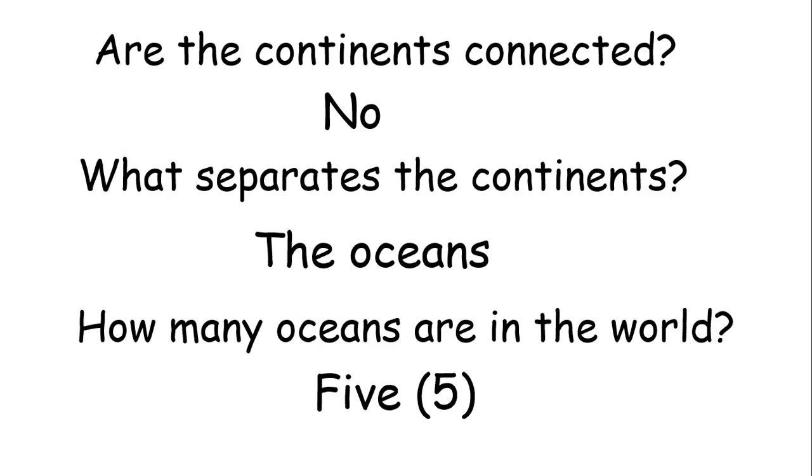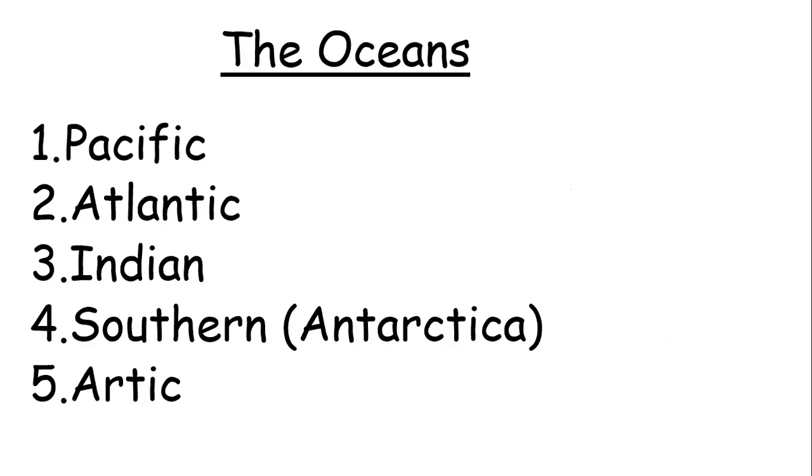Let's see. Can we name them? Think long. Think hard. You got it. You can do it. All right. Let's see. We have number 1, the Pacific. Number 2, the Atlantic. Number 3, the Indian.